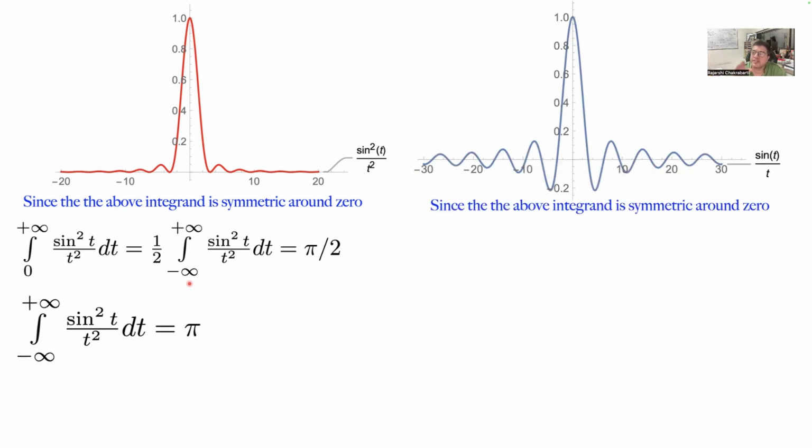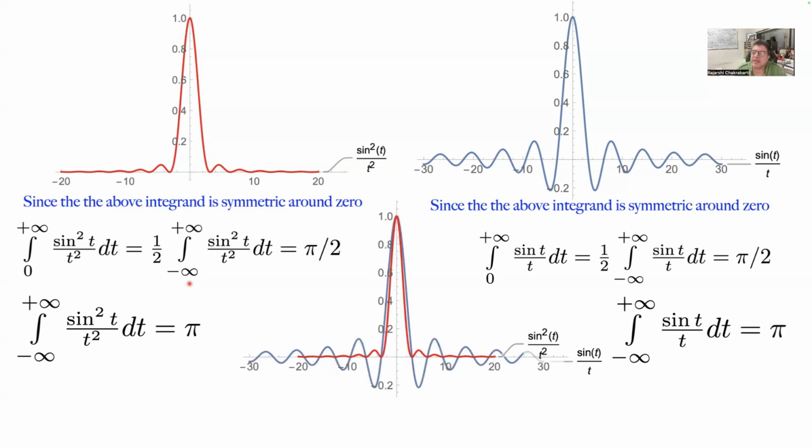Now let us look at a different function, which is sine t over t. This function also has the same property. It is symmetric around 0 because if we change t to minus t, sine of minus t becomes minus sine t, and t becomes minus t. These two minus signs will cancel each other. So the function is actually symmetric around 0. Now, if you integrate this function, you'll get a result equal to pi.